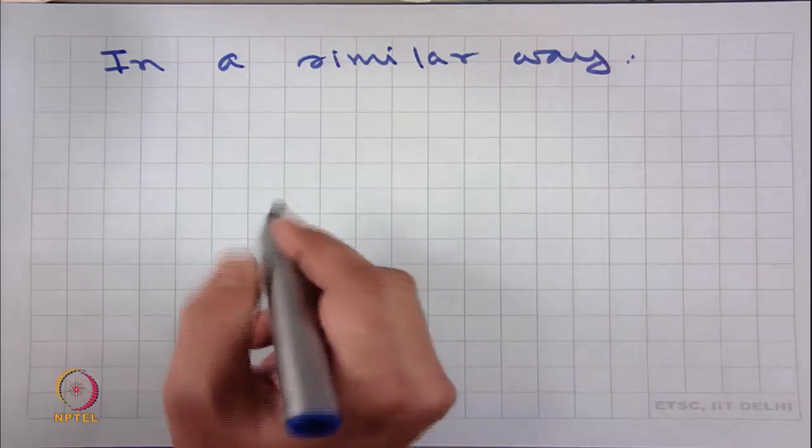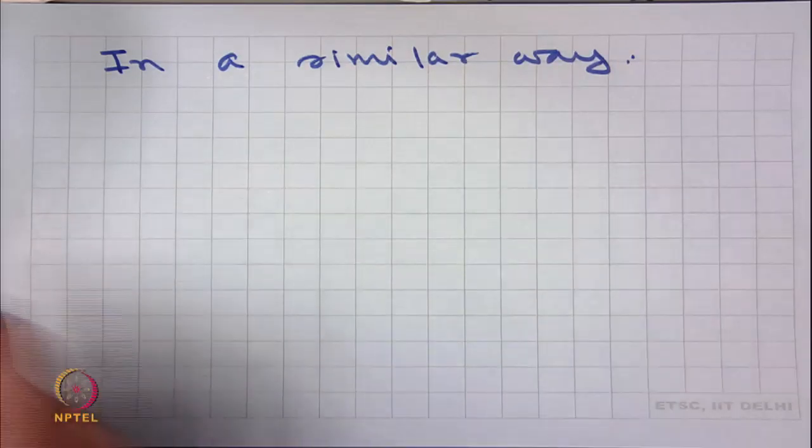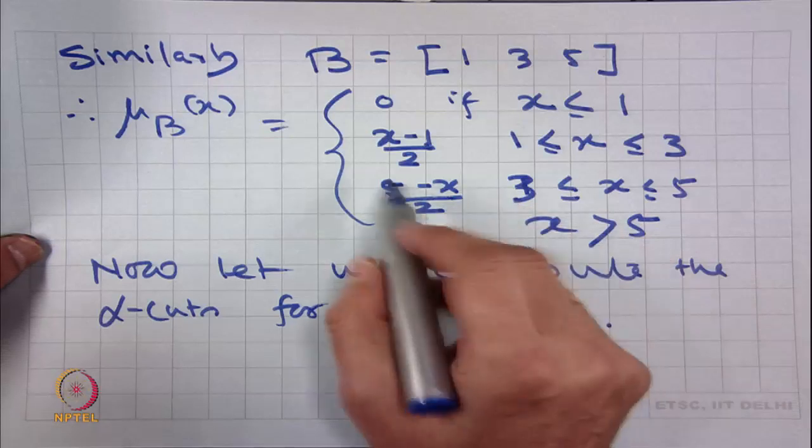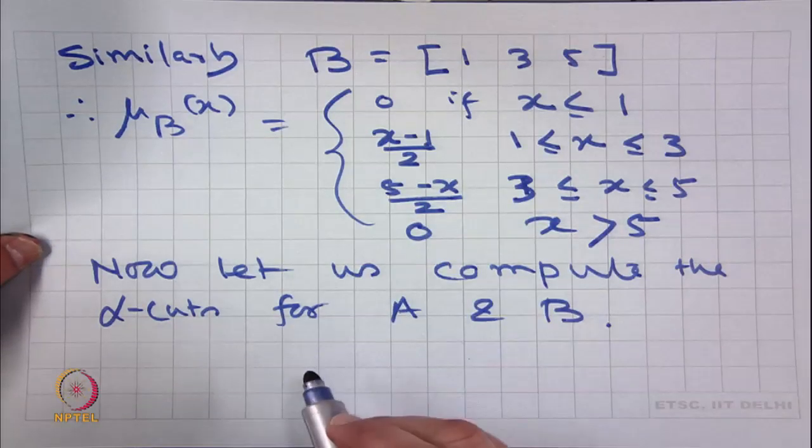In a similar way, we got mu b of x given by these equations.